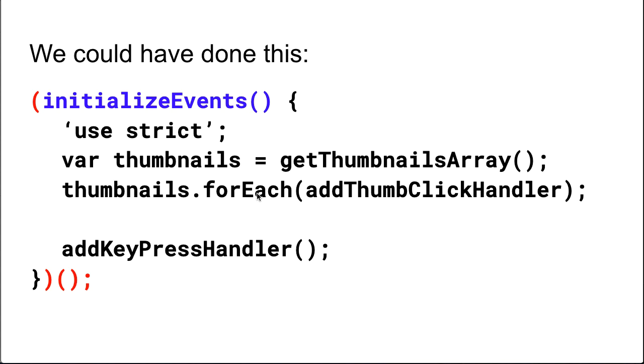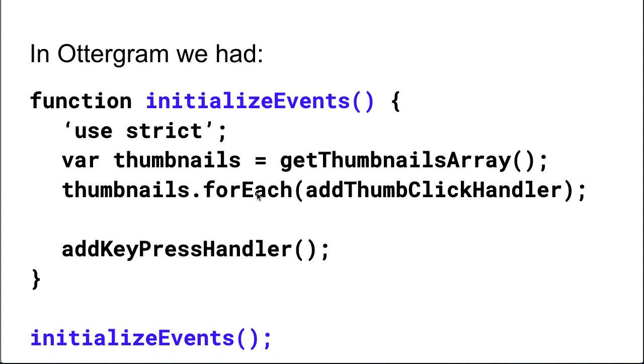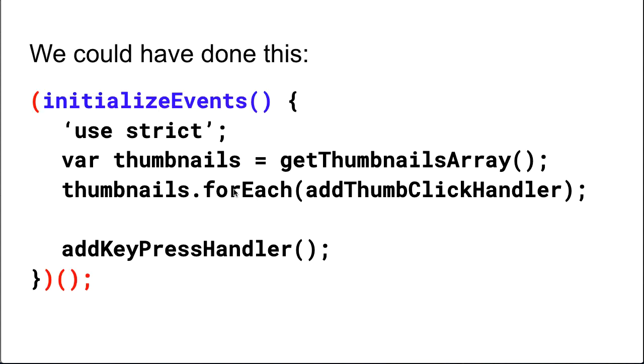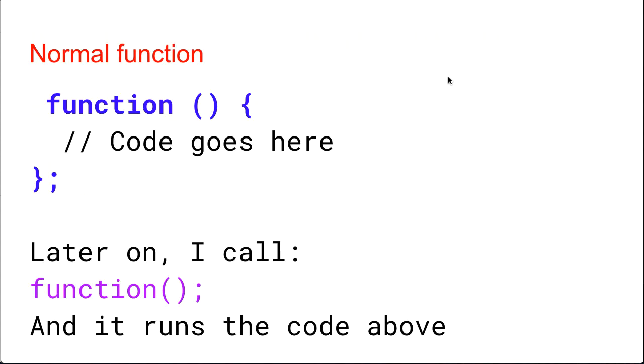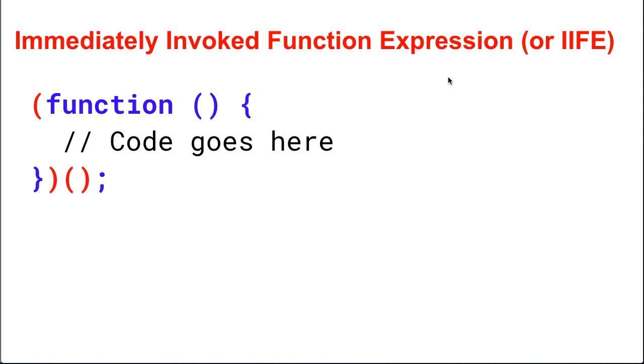That's the only difference, really: are you defining it first and then calling it later, or are you defining it and running it at exactly the same time? That's why it's called an immediately invoked function expression, because as soon as you define it with these parentheses, it runs it.